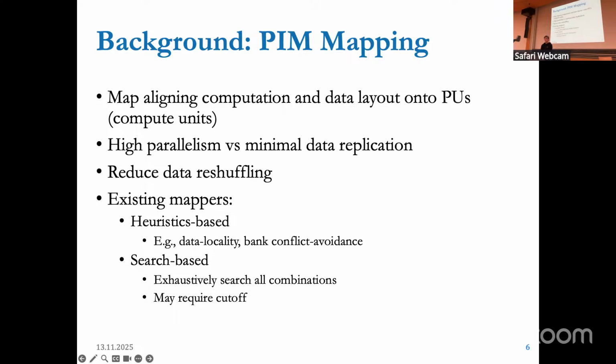The other approach that is widely used is search-based, which just exhaustively tries to search all combinations. Some of them also use randomness to cut off some paths that don't look promising. And also sometimes, which the authors of PIM also do, they just cut off at some time because the computation would take too long, and take the best result you've generated so far.